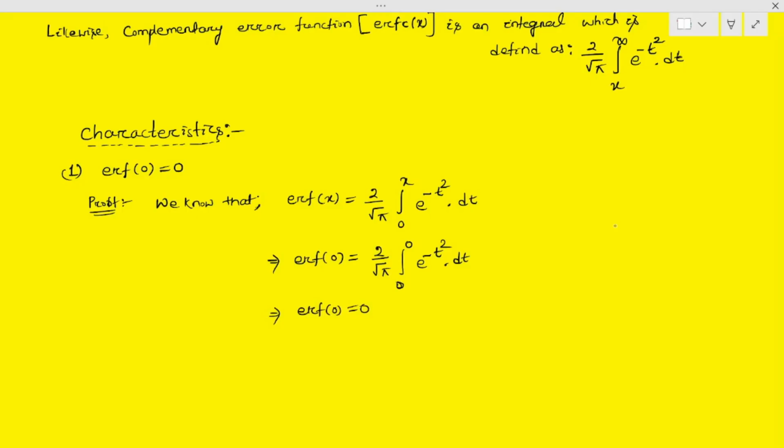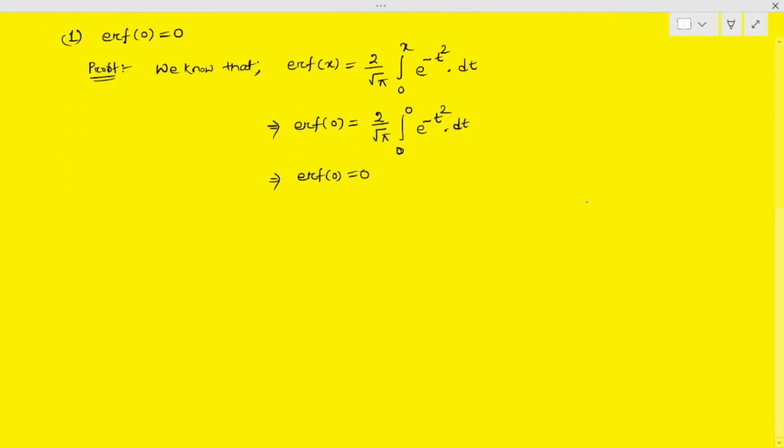Now we are going to go for our second characteristic or property, that is error function of infinite equal to 1. Now we are going to prove it.